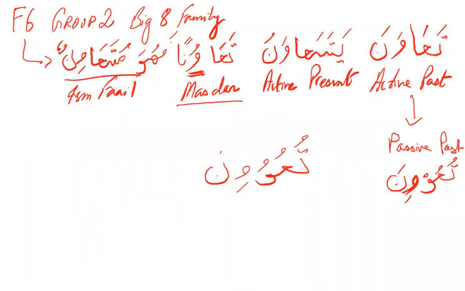Tu'uvin. So the last letter, lam kalima, will get a jazm, and then you have a na again here. So it will become tu'uvina, excellent.